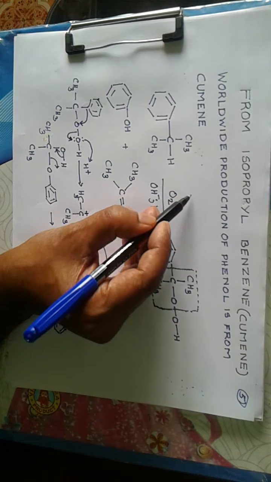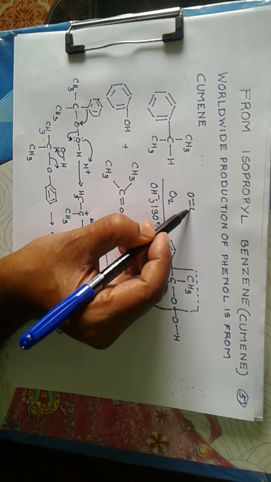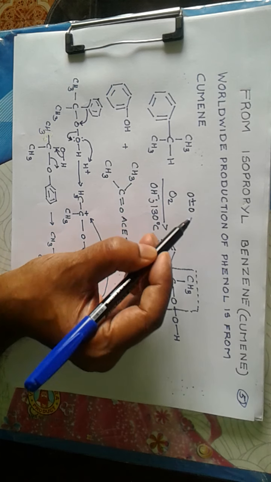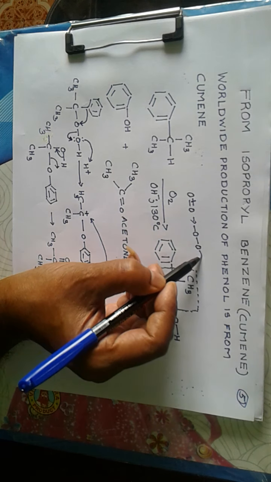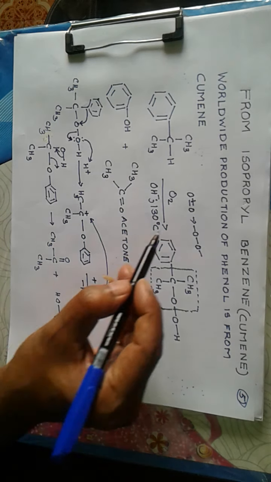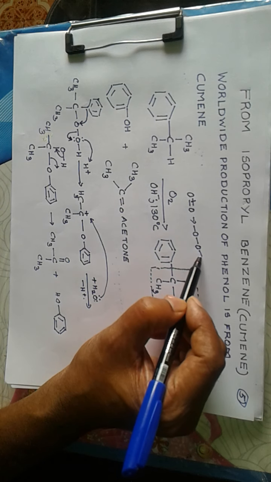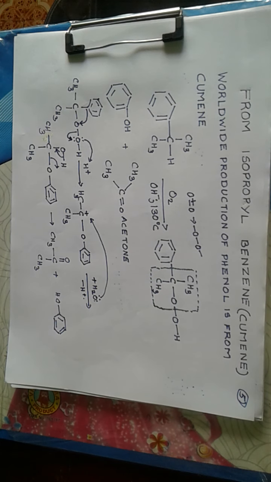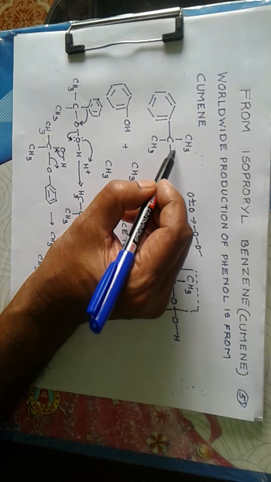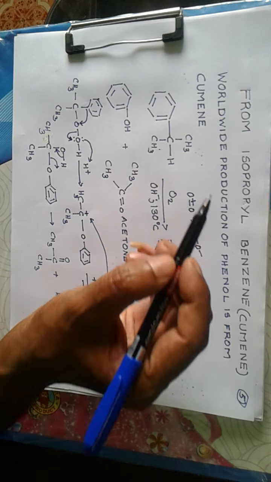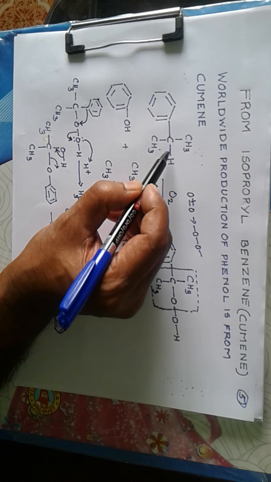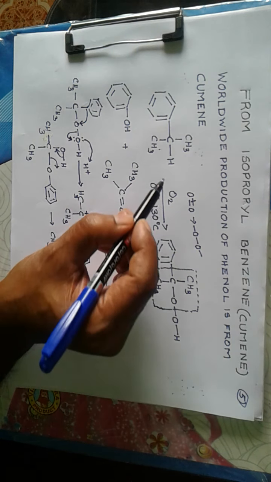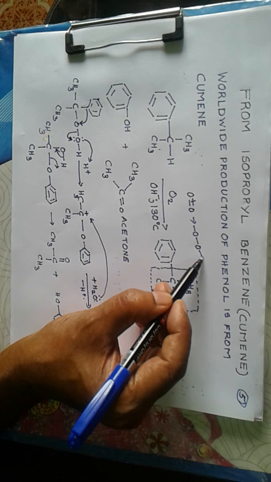Now oxygen is O double bond O. When the pi bond breaks, we get oxygen with two valencies, one oxygen atom possessing one valency and the other oxygen possessing one valency. Now the CH bond breaks, and the valency of oxygen is connected to this carbon, and then the valency of hydrogen is connected to this oxygen.